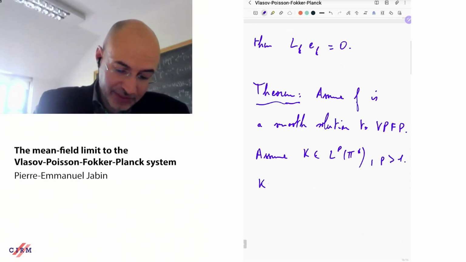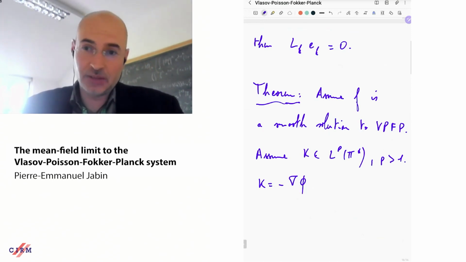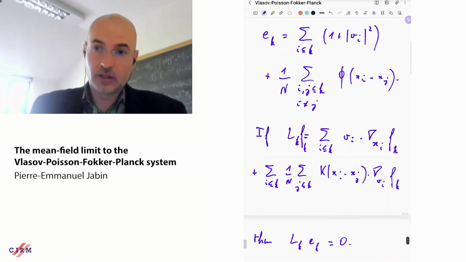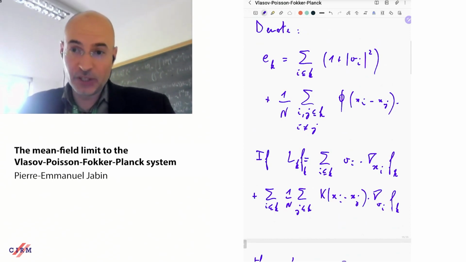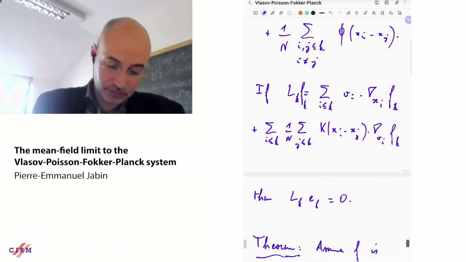I'm going to assume that K derives from the potential. I didn't need that before. I need it now to define E_k. And because I will want to use E_k to control the Gaussian part, I need that what I'm adding, the potential energy, has a sign.